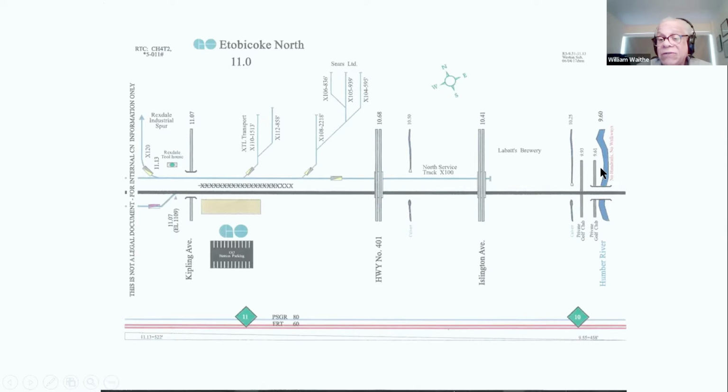And there is a model also of the Humber River, which runs in this direction. What we are modeling, however, is one track which combines the north and south service tracks. So there is a fair amount of freelance to this.